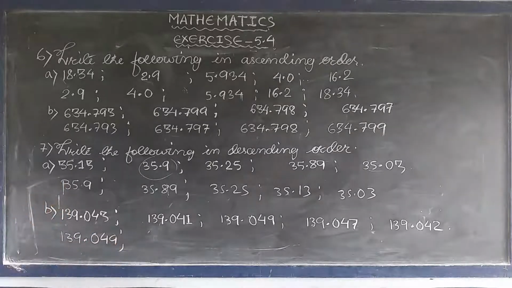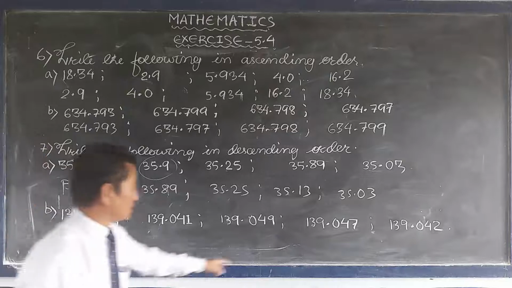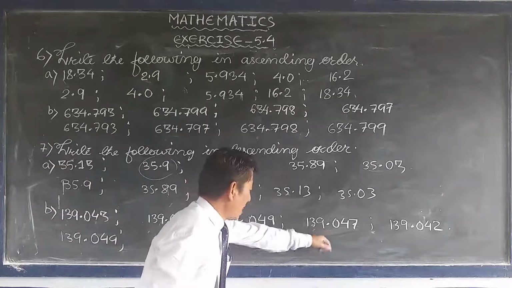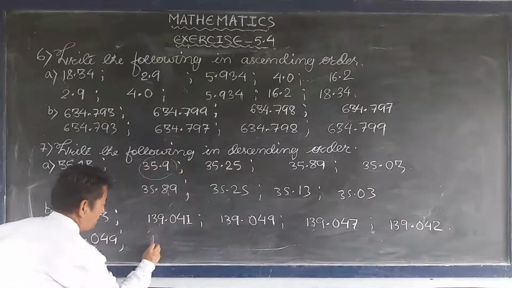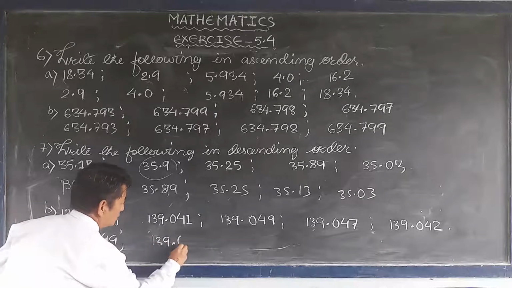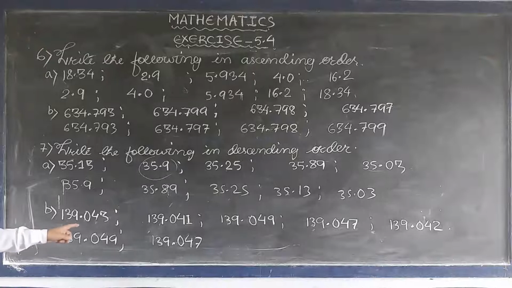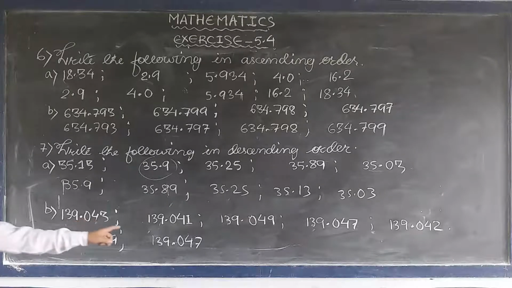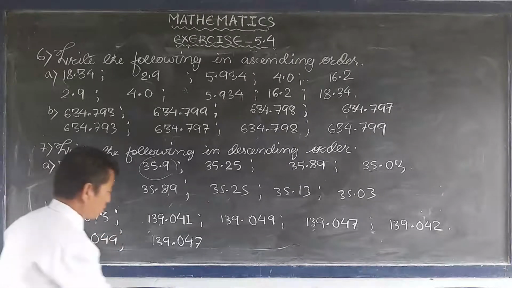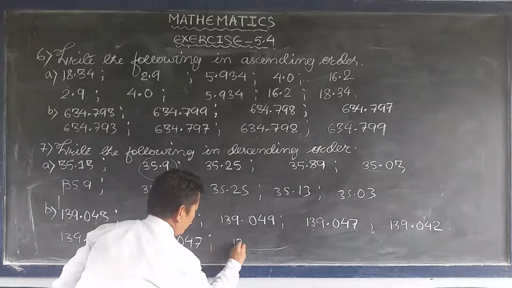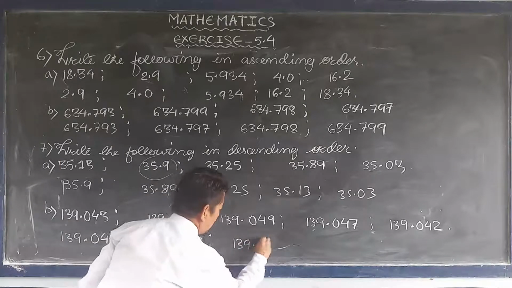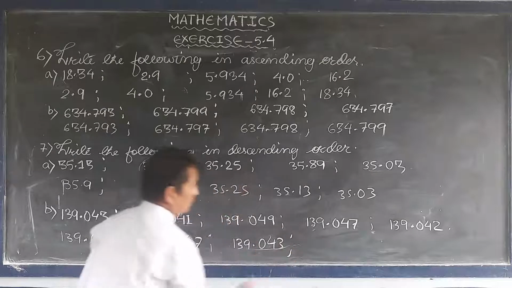139.049. After 9, this one, 139.047. After 7, this one, 139.043.